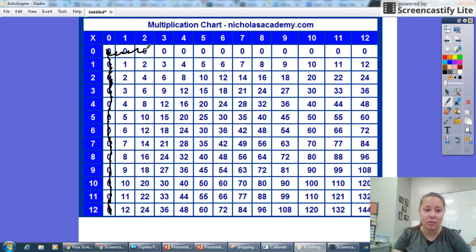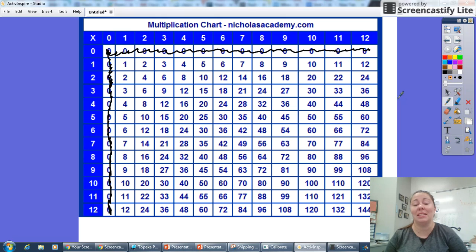We know 0 times anything is going to equal 0, and not a multiple. So 3 times 1 is 3. If I wanted to list my multiples of 3, I would go 3, 6, 9, 12, 15, 18, and so on. I can just go straight across the rows.